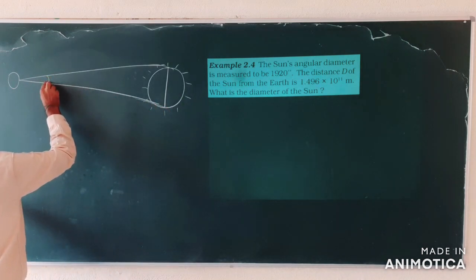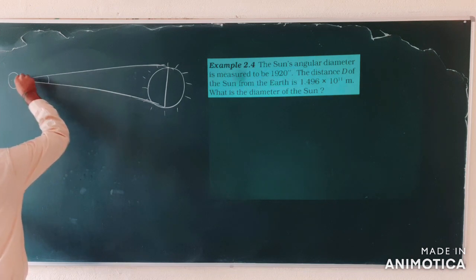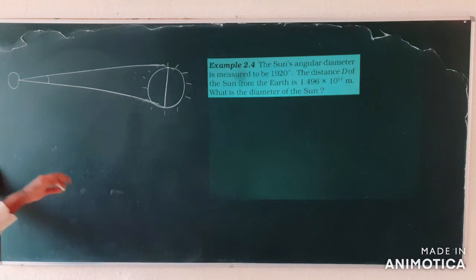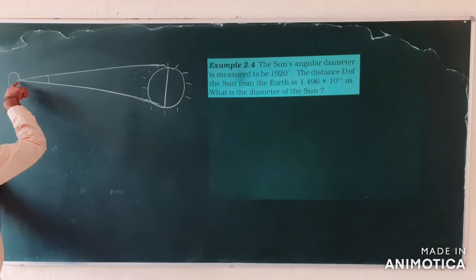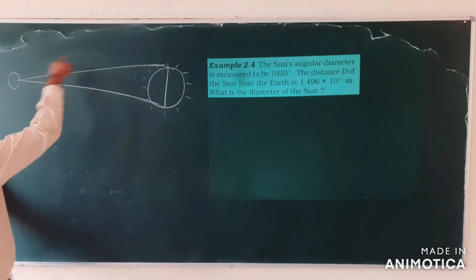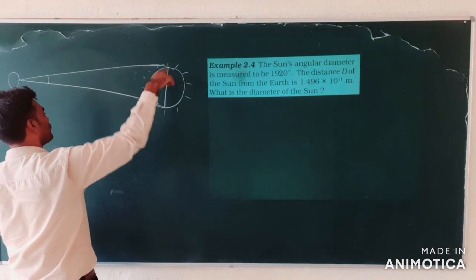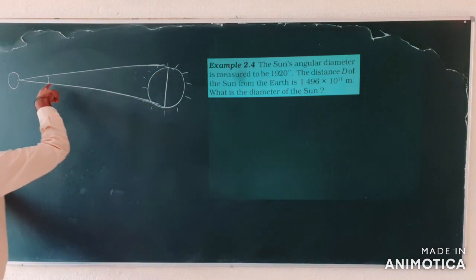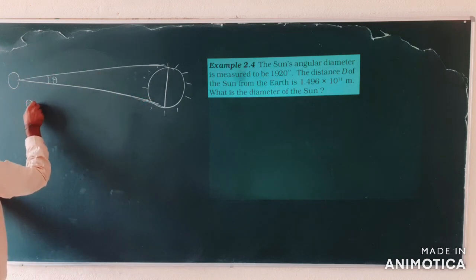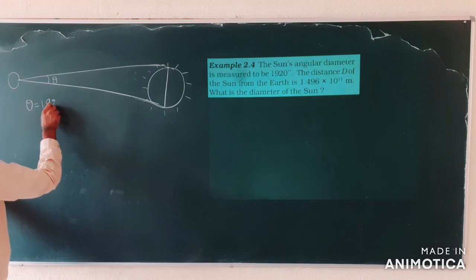Okay, this is not parallax angle. This is angular diameter. So we keep our observation at one point and observe the two diametrically opposite points on the surface of sun, and this angle what we get is given there. Okay, so this angle given is 1920 seconds.